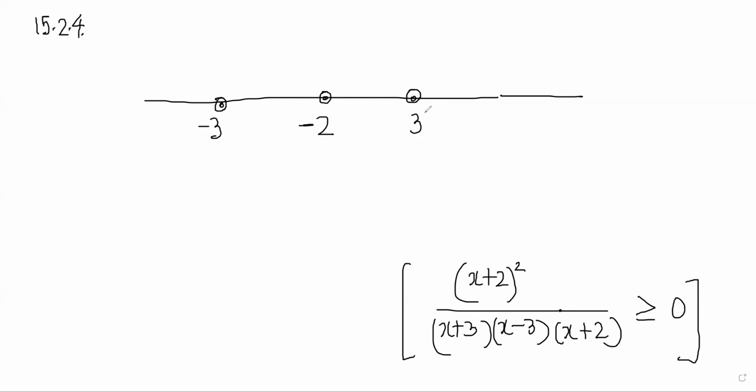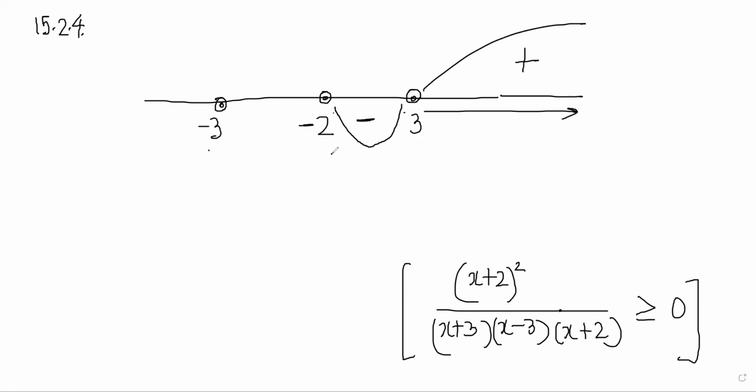So we can see that above 3 everything is positive. So this side is completely positive, and between -2 and 3, x -3 will be negative, but the other two are positive, right? So the overall product is negative.